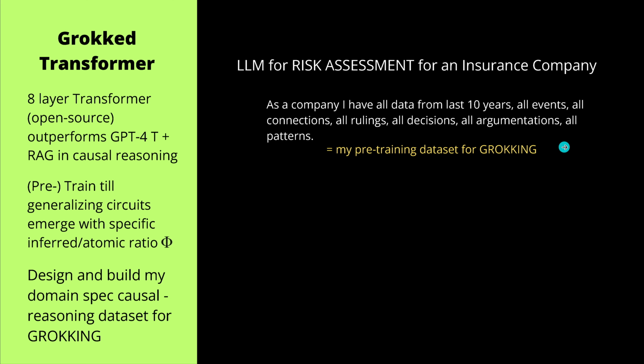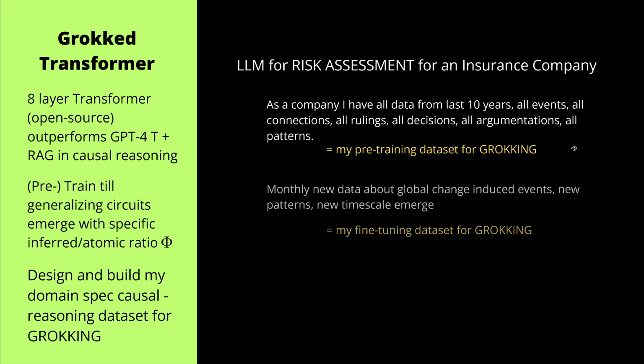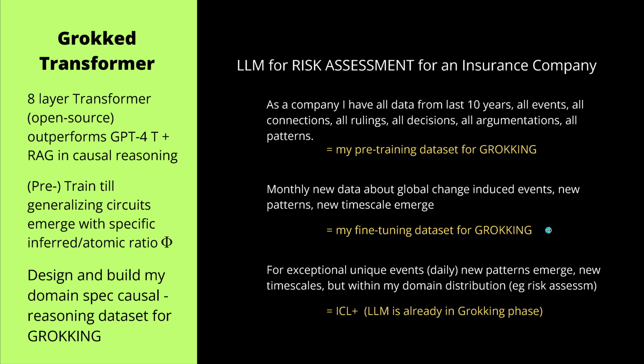So I have this data and I can start now to design a data set particularly for the grokking phase of my LLM. And then if I have this system, and let's say I have monthly new data about new global change induced events that are happening within my region, I find that new patterns emerge, that maybe new time scales emerge. So this is beautiful because monthly I can maybe run a fine-tuning on a particular data set, optimized for the grokking phase of my transformer.